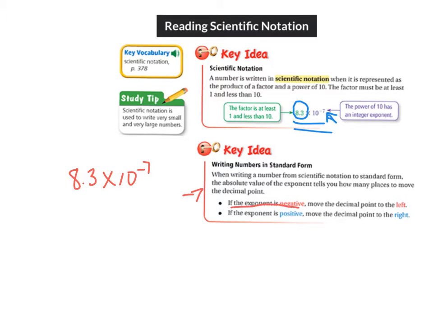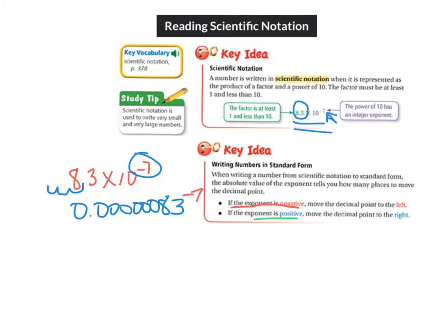If the exponent is negative, you're going to move the decimal point to the left. So I'm going to grab this decimal point and go to the left 7 times because that's what the exponent is. So I would end up getting 0.00000083.